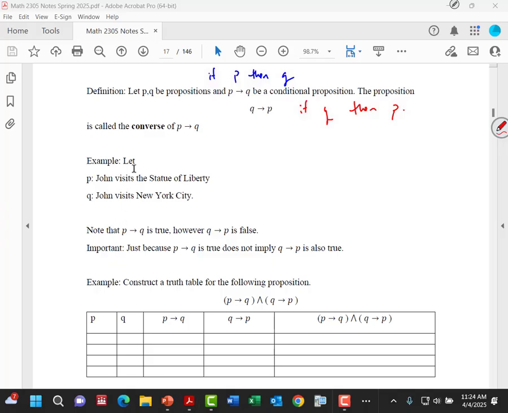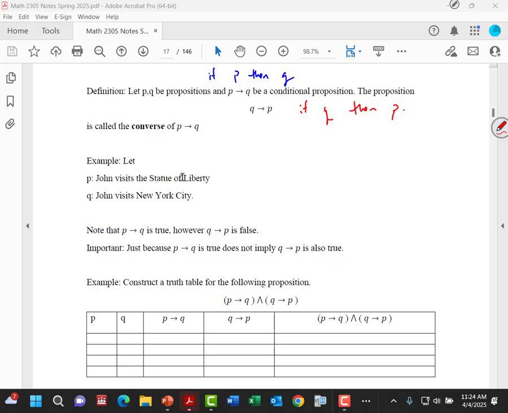So let's take a look at an example. Let P be the statement, John visits the Statue of Liberty, and Q be the statement, John visits New York City. I simply want to note that P implies Q is true. So if John visits the Statue of Liberty, then John visits New York City.